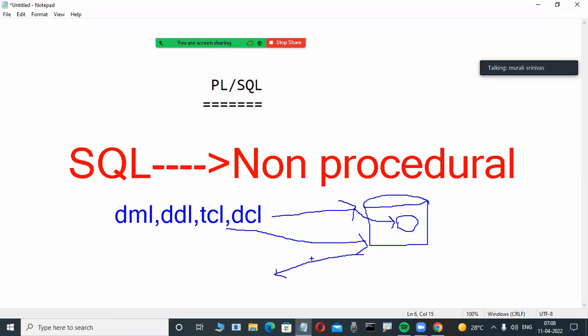Non-procedural language means there are no variables. If we want to store intermediate results, variables are required, the same as in C, C++, Java, .NET. But here there are no variables. There are no loops, like the while loop, for loop and do-while loop found in a normal procedural language.